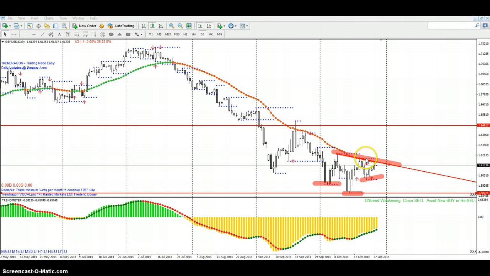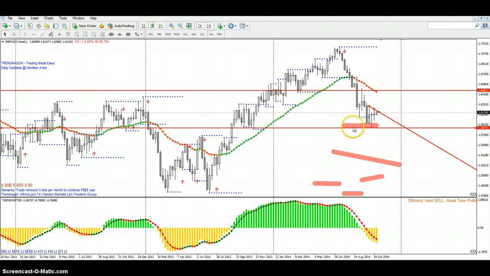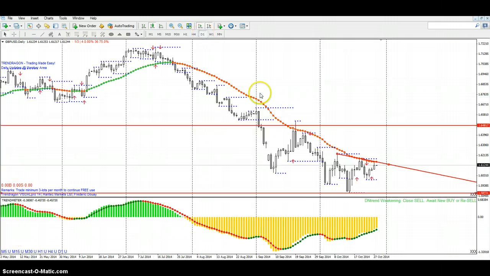What is interesting is that the objective of the head and shoulder is actually here, and it is basically at the trend dragon trend line. So it's quite easy for this week.